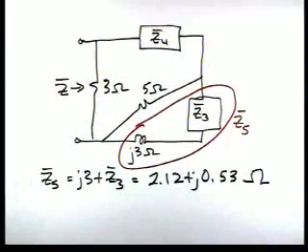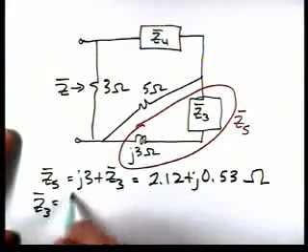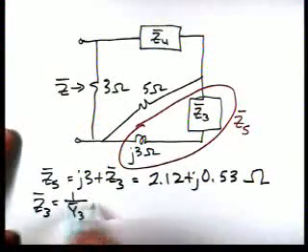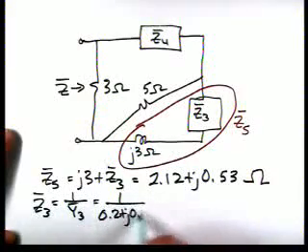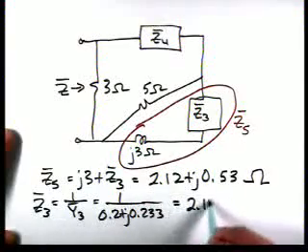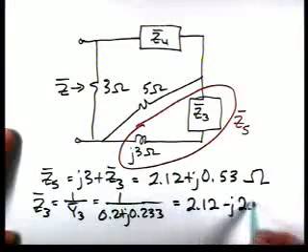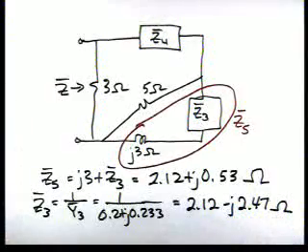And if we look at it, Z3 was 1 over the Y3, so 1 over 0.2 plus j0.233 is 2.12 minus j2.47. So now again, we've got that combined. Let's redraw the circuit again.